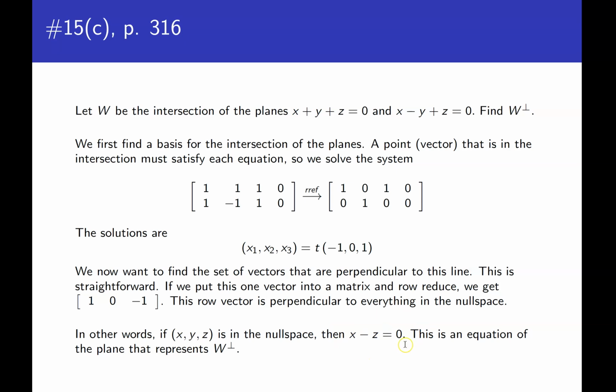In R3, this represents a plane, and this plane is the orthogonal complement. That makes sense, right? Remember that the orthogonal complement takes up everything else in the space. The line is one-dimensional. We have 3 dimensions in R3, so we would expect a 2-dimensional object to be the orthogonal complement.